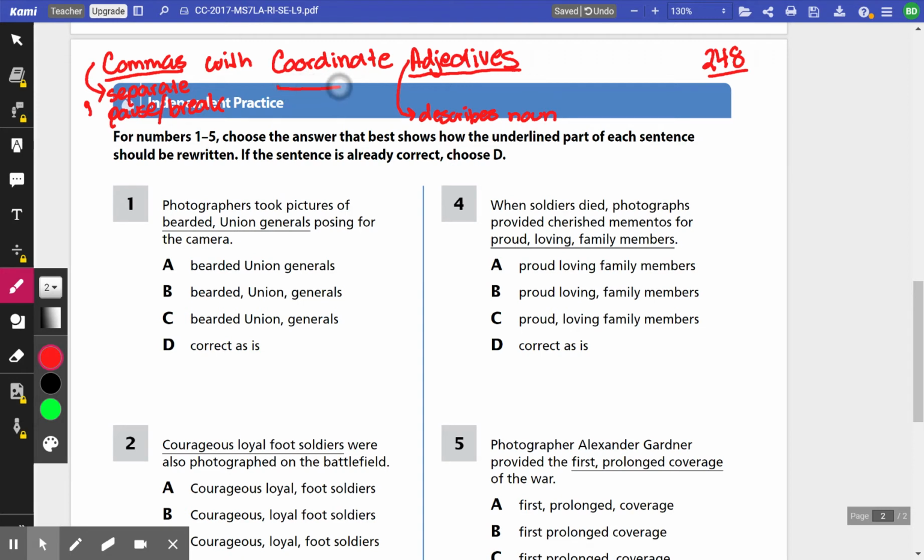A coordinate adjective, that's whenever you have 2 or more words that are describing the same noun. So, I'm going to go ahead and make us a few notes. So when we have 2 or more adjectives describing a noun, we know that they can be reordered and it still makes sense.